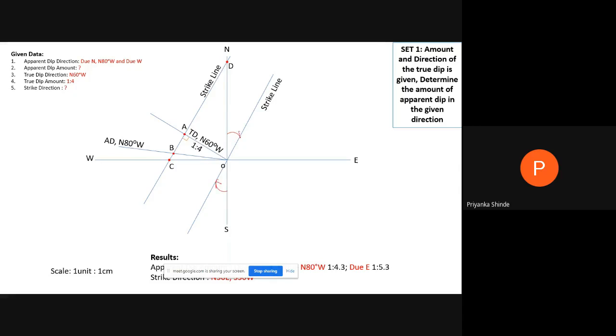Opposite angles are equal. So we can write the same angle, that is from north it is 30 degree towards east and from south it is 30 degree west. So this is the way we have to write the answer for this.